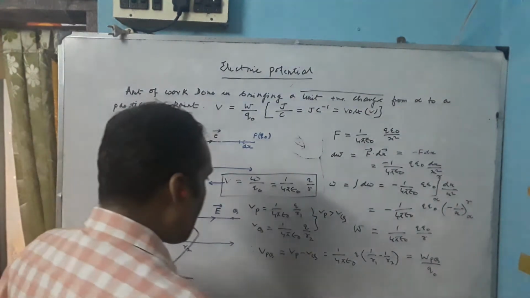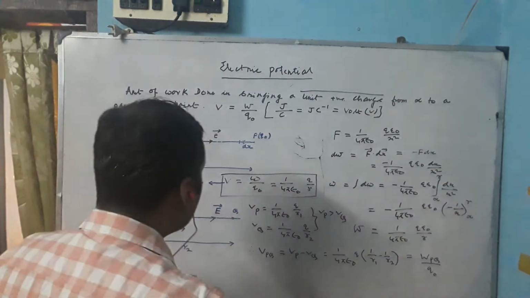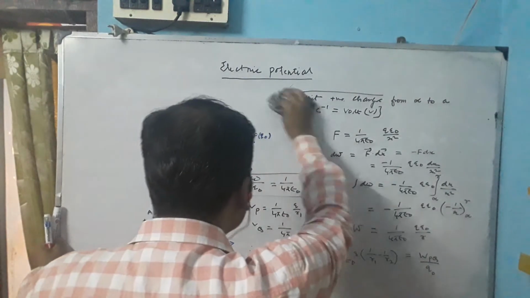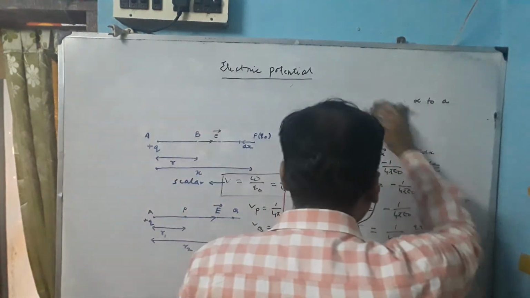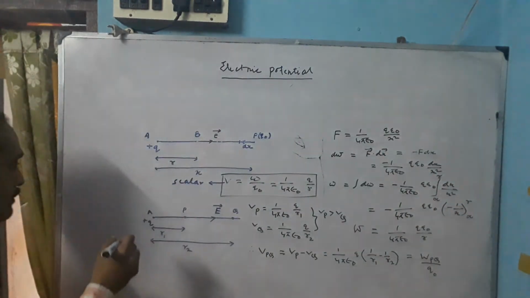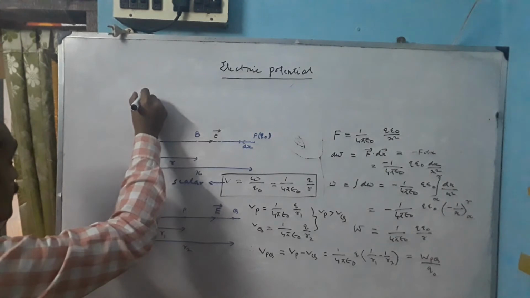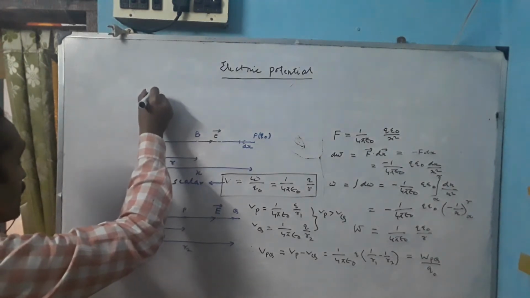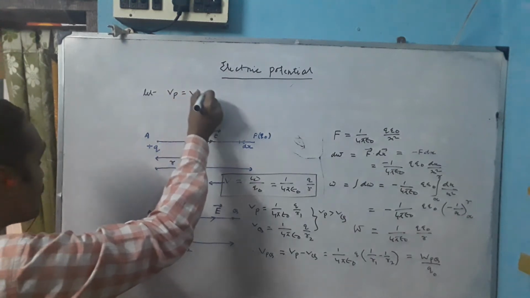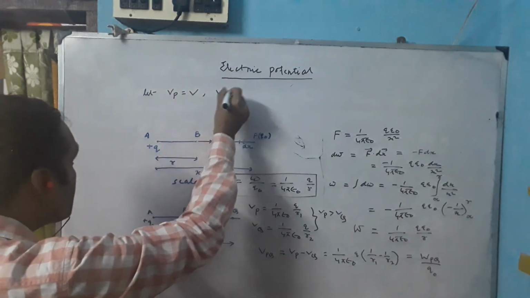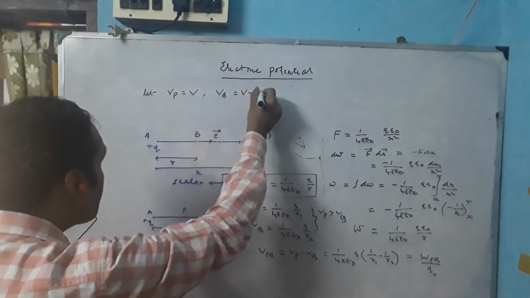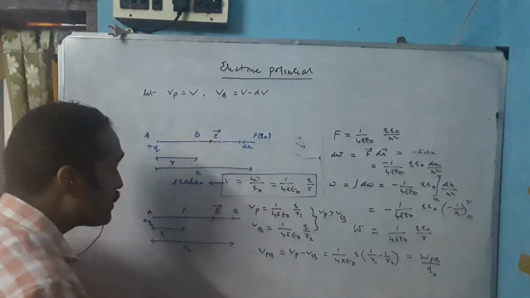You can extend this view by writing another statement, saying that considering the potential at P is V and the potential at Q as V minus dV.